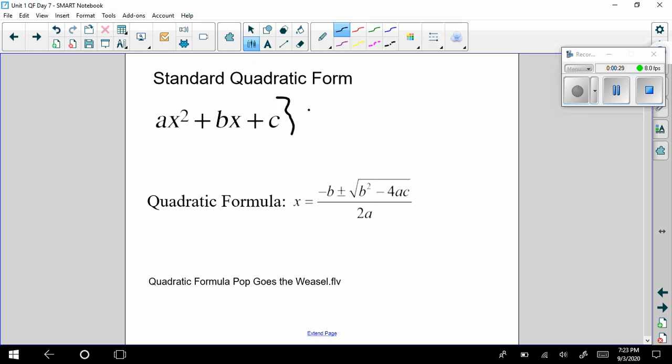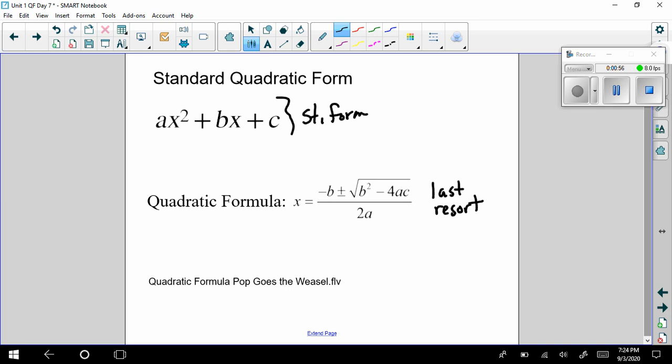Remember, this is standard form. So you pull out the values of A, B, and C, and you apply the quadratic formula. It's the opposite of B plus or minus the square root of B squared minus 4AC, and all of that is over 2A. So this is the last resort, or it should be, because it's tedious.